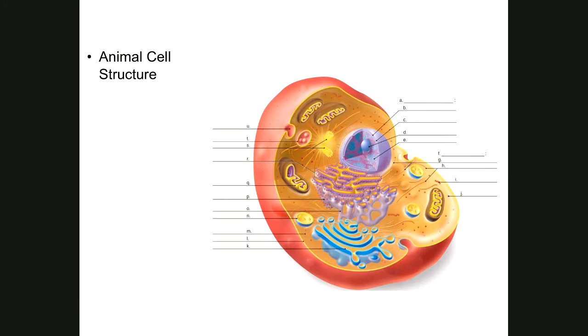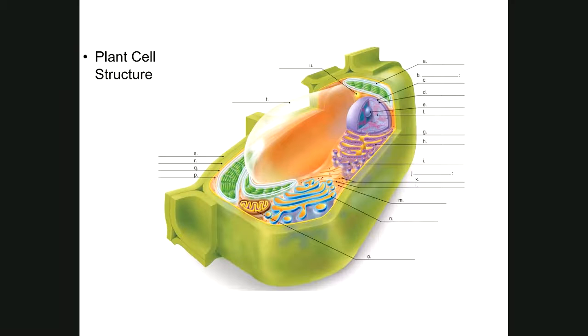Okay, so here in this picture, you can see this in your lab manual. Your lab manual should have a diagram of an animal cell and a diagram of a plant cell. And you guys do need to fill these out. So you have the ability to find the answers, to be able to put a name to each one of these letters, to each one of these organelles.